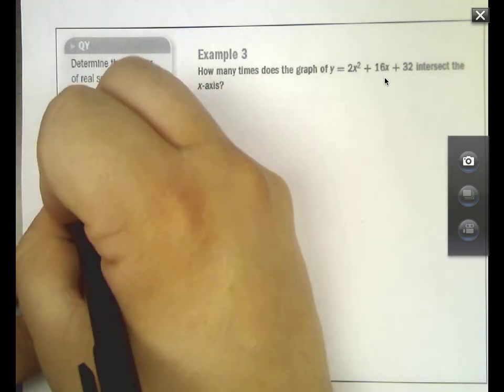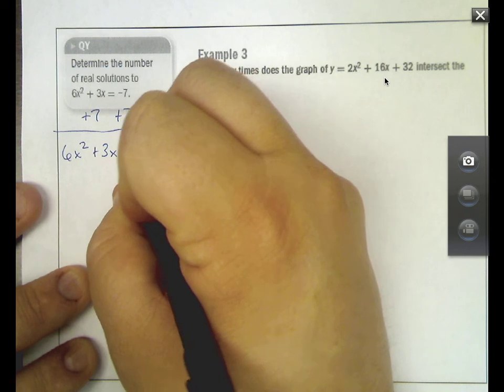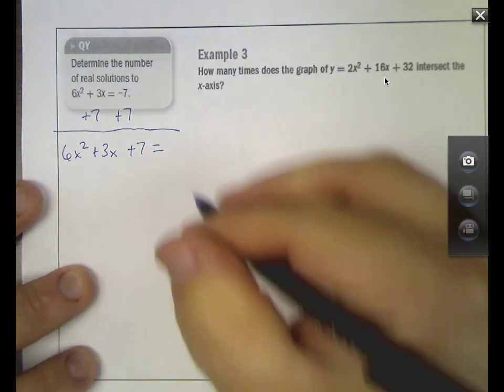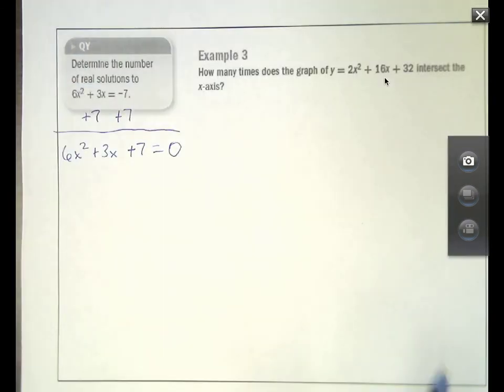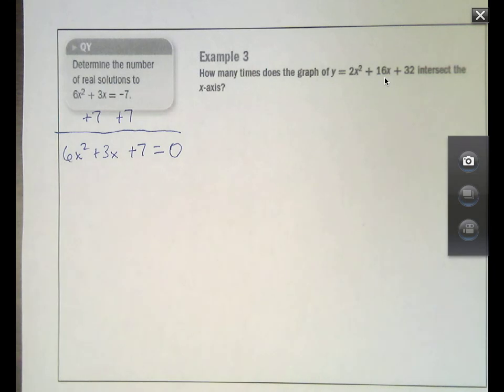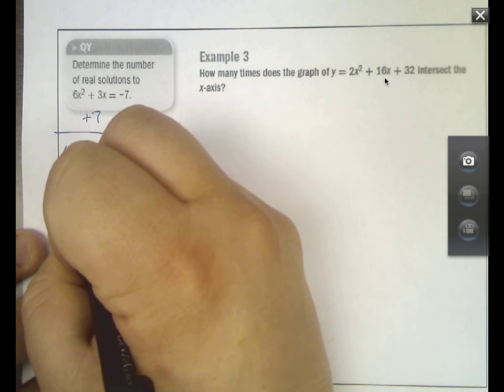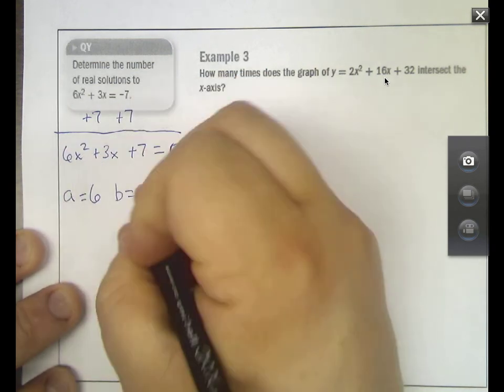So the first thing I have to do is add 7 to both sides. Okay? So it's going to give me 6x squared plus 3x plus 7 is equal to 0. All I did was take that -7, move it to the other side. Now I can find my A, B, and C.